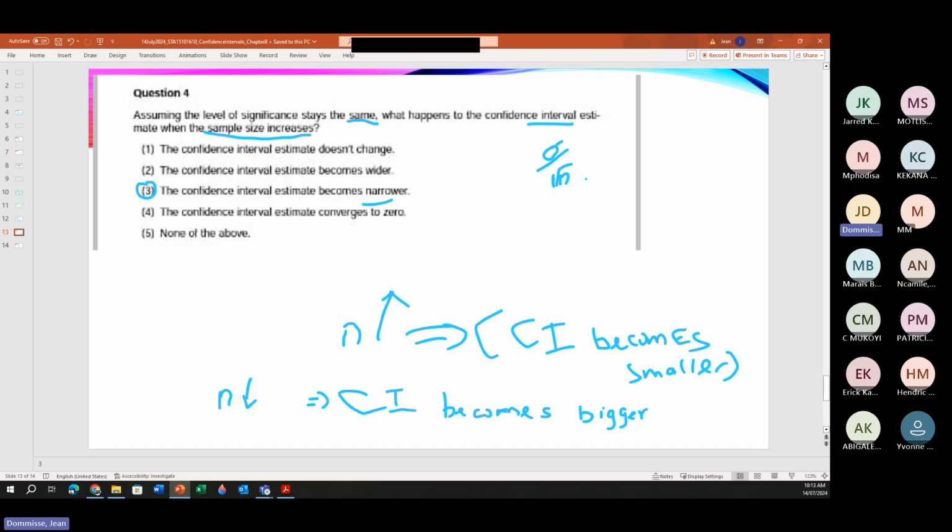So we said as n becomes bigger, the confidence interval becomes smaller, because whatever you're going to divide with becomes bigger, so this answer will become smaller. Okay, so the other way we can get it to become smaller is if your standard deviation becomes smaller.